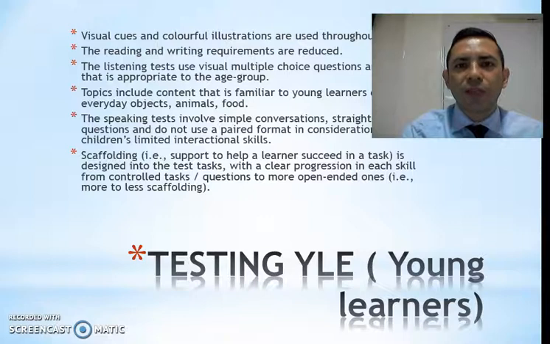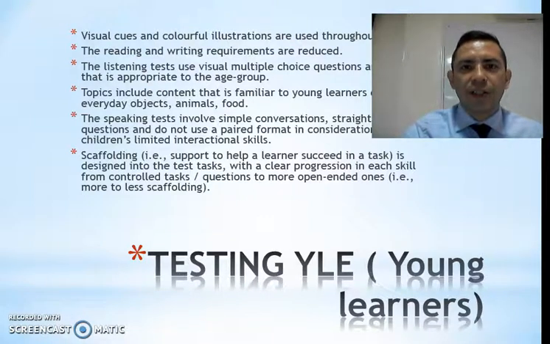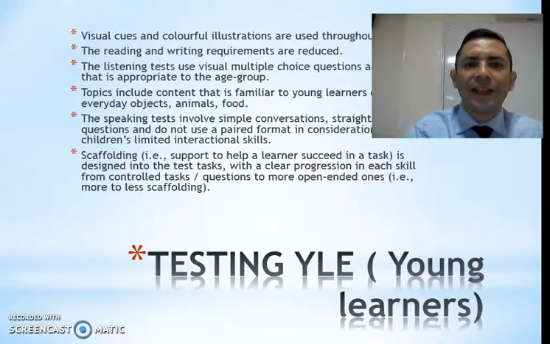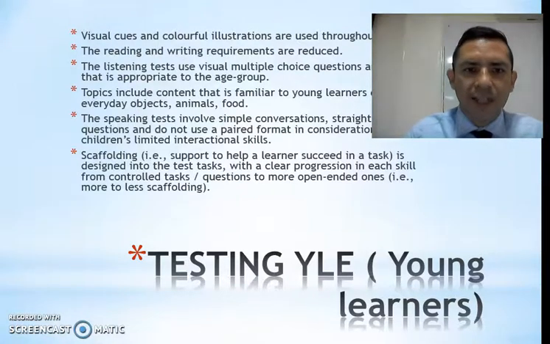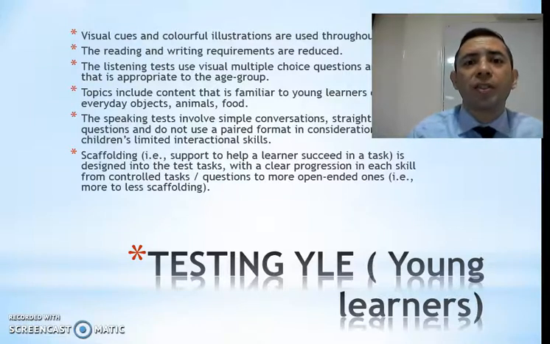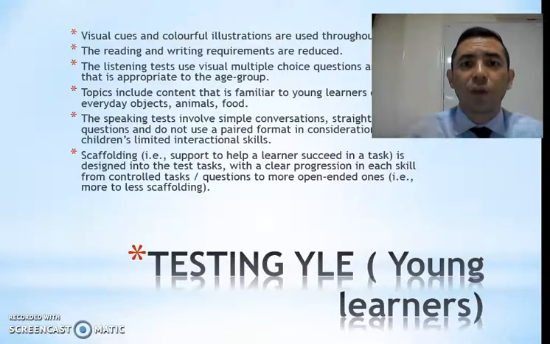Some aspects to consider when testing young learners, and you should include them in your tests, are visual cues, colorful illustration, limited reading and writing or reduced paragraphs. Listening tests should be also visual, so they have multiple questions, and remember to grade that material according to their age, and they should have content that is really familiar for them in terms of the objects that they see on the tests.